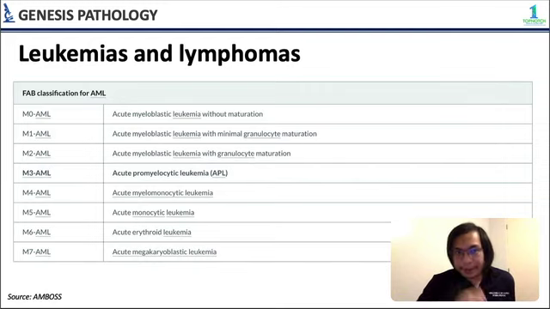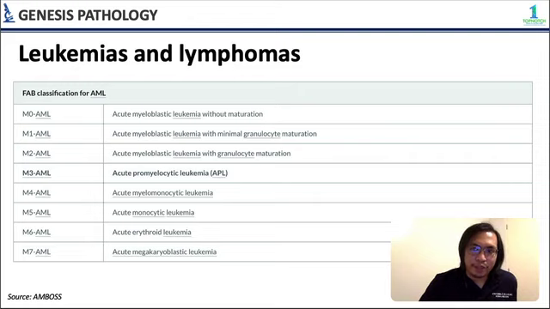Here, I want to focus on acute promyelocytic leukemia. Again, it has a high propensity to cause disseminated intravascular coagulation. But this is the only cancer that can be cured by a vitamin. What vitamin is that? That's vitamin A, in the form of ATRA or all-trans retinoic acid.